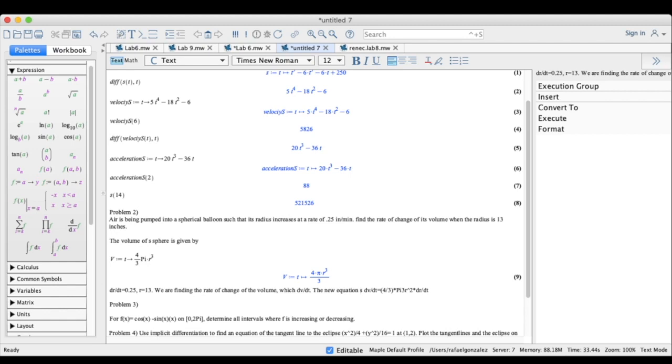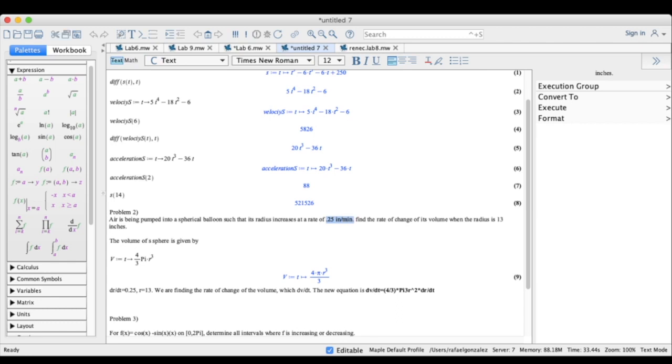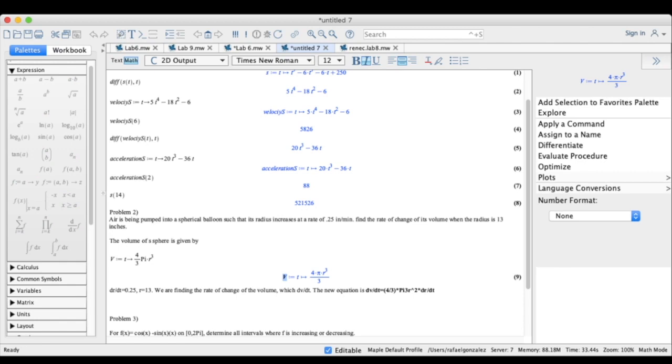This is what our new equation is going to be. Let's make that bold. So let's solve it. Since we now have all the parameters, we know what dr/dt is, the value that we're given. We also know r. The only thing that we're missing is dV/dt, which is the derivative of V. Everything else is a constant. 4 over 3 is a constant. Pi is a constant.